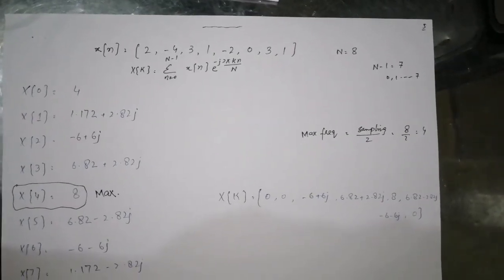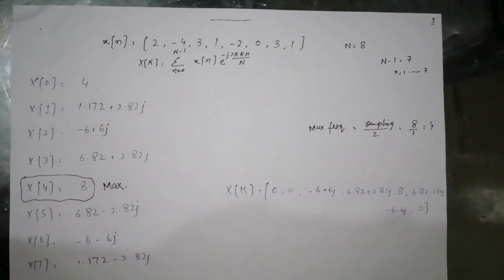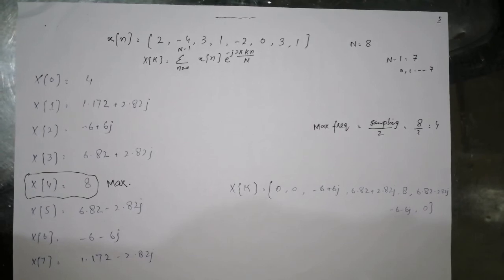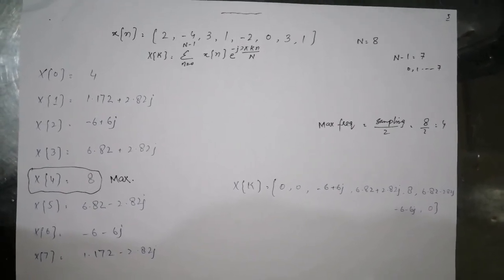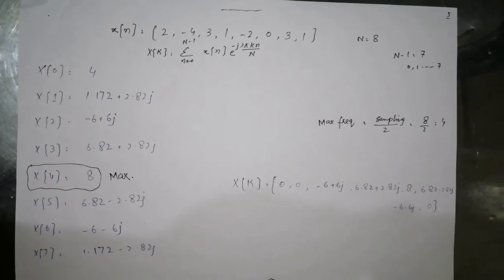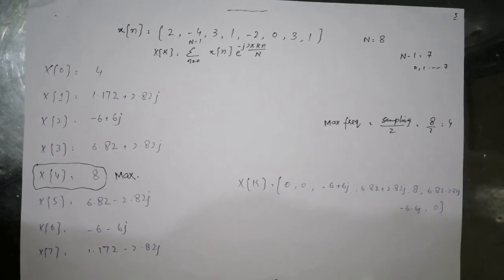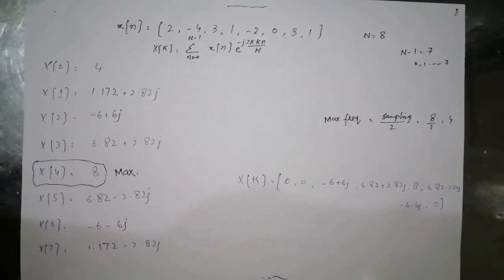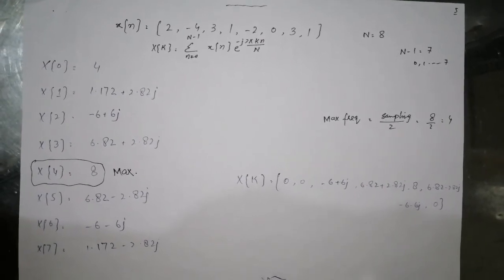In the given data, we have N number of samples, which means 8 number of samples. 8 is the maximum. When we calculate the Fourier transform of the given data, after getting the highest value, which is the maximum value, that is 8, we have the next values as conjugate of the previous values.